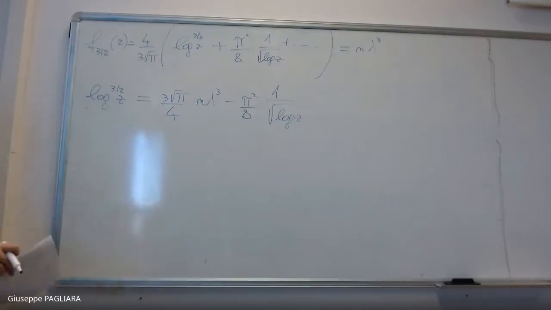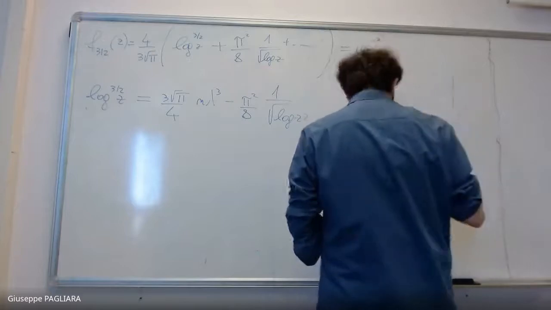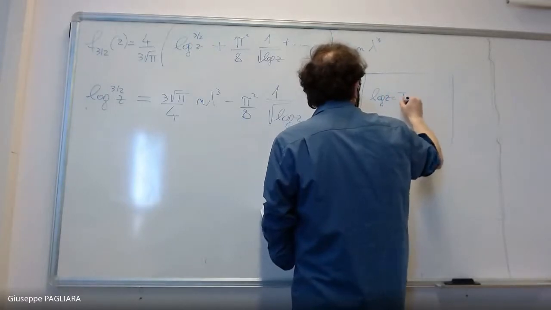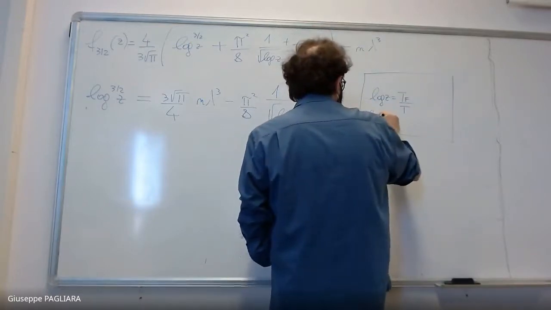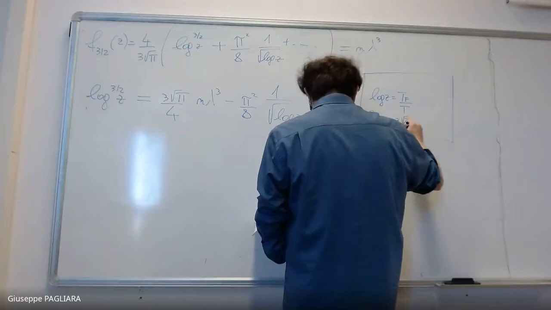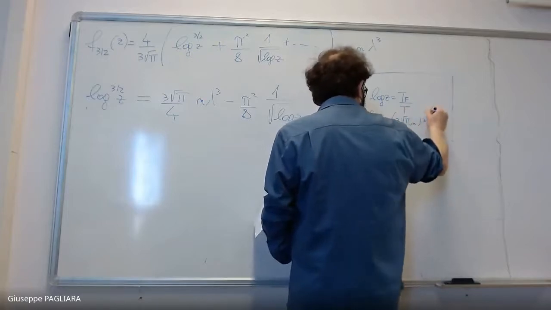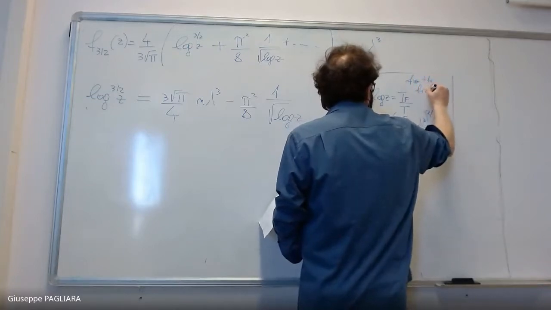Now, from the previous equation, we saw that the log of z was equal to Tf divided by T. And also, we saw previously that the log of z, the first iteration, is equal to 3 square root of pi divided by 4 n lambda cubed to the power of 2 thirds, from the first term.